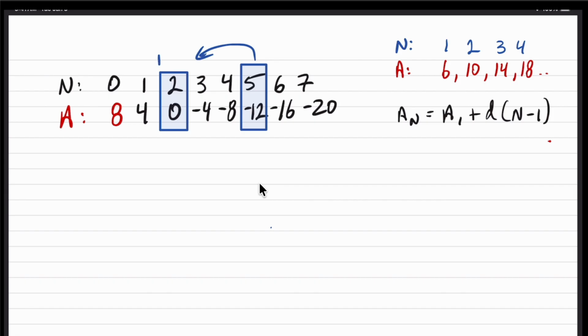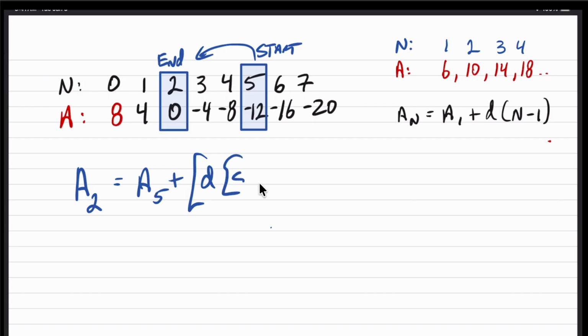Okay, so if this is our end position, we're trying to figure out the amount at position 2, and we're starting here. Let's see where the formula takes us. So we're looking for the amount at position 2. We're starting at position 5. That's the amount at position 5. And to that, we're going to add the common difference times the number of steps we're going to take.